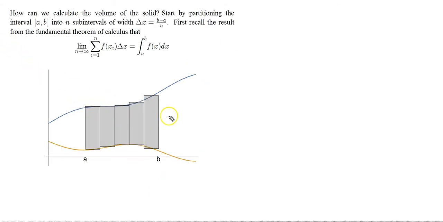So to calculate the volume of that solid, what we're going to do is take that shaded region and break it up into little rectangles like we have pictured down here. So we take the interval from a to b, and what we've done here is we've actually partitioned it into some subintervals.